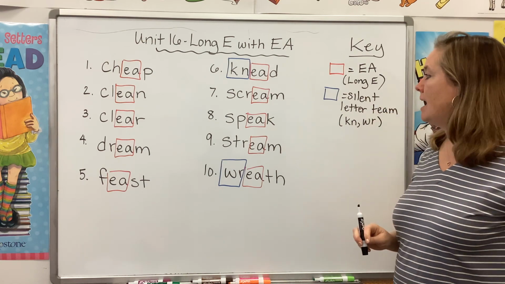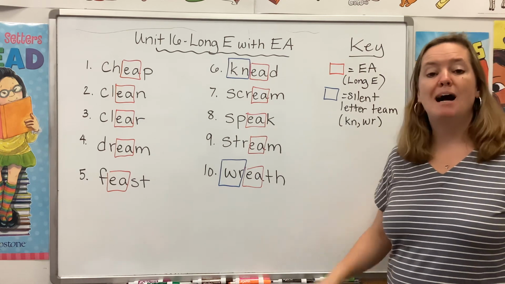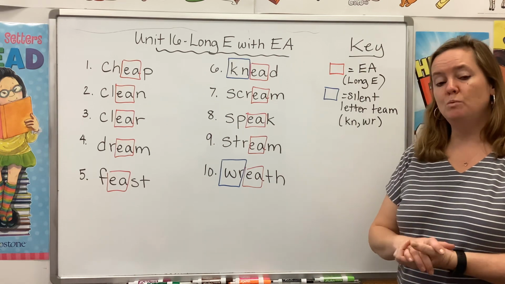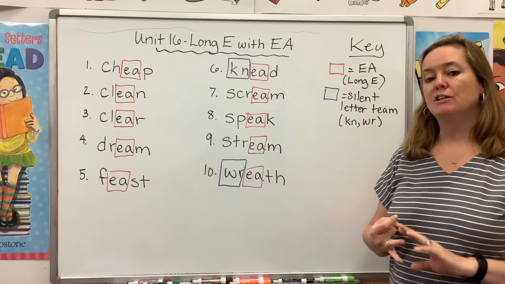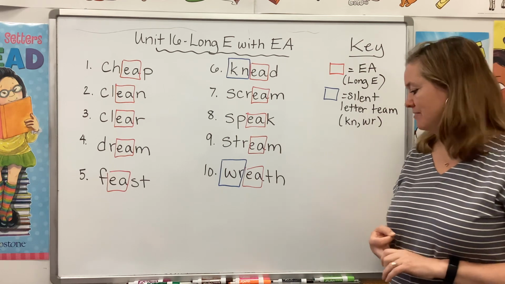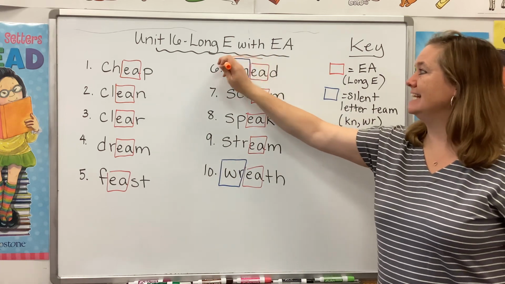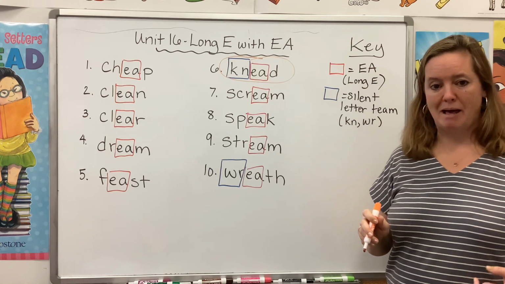Okay. I also want you to notice that we have a homophone on our list. Remember, homophones are two words, or sometimes three words, that sound the same but are spelled differently and have different meanings. So if you look at the word need, that has two different spellings.